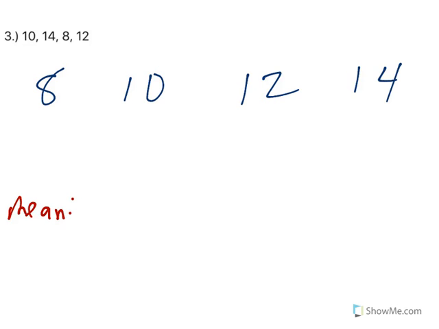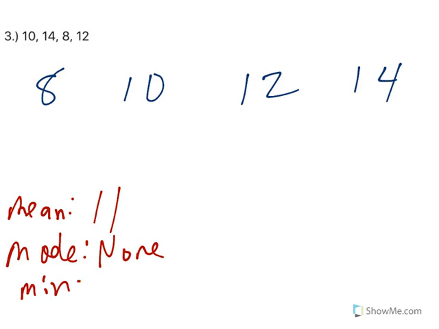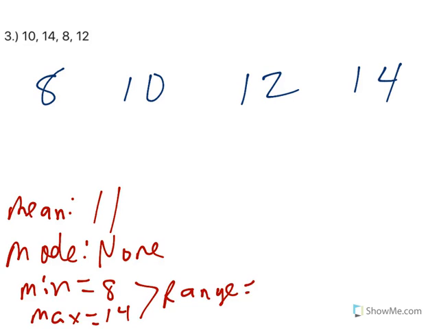Number 3, we only have 4 numbers, 8, 10, 12, 14. Not too horrible for this one. When you find the mean, you add them all up and you divide, you get a mean of 11. When you look for a mode, no numbers appear more than any other, so we have none. My minimum number is 8. My maximum number is 14. The difference between those is known as the range. 14 minus 8 is 6. When I go to find my median, I chop through the middle.